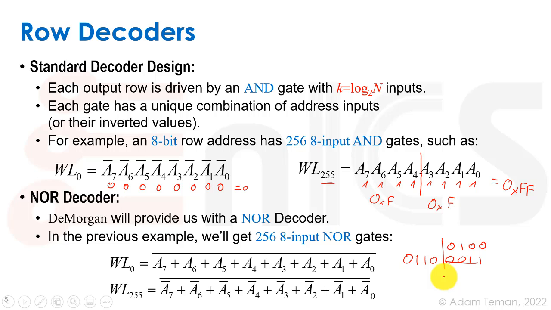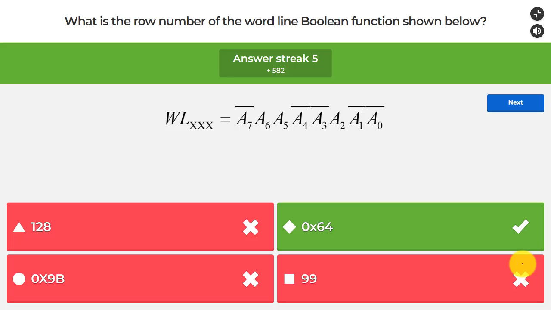So we're going to put the partition in between them. And what we can see here is 0, 1, 0, 0 is, of course, 4 in hexa, 0x4. And 0, 1, 1, 0 is going to be 6 in hexa, 0x6. So that's going to be equal to 0x64. And that is the answer in the Kahoot.